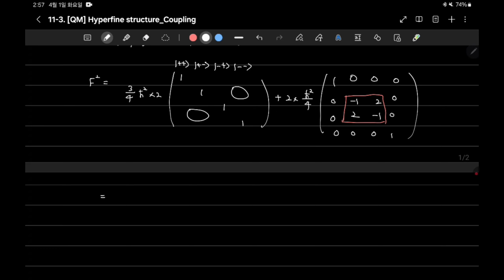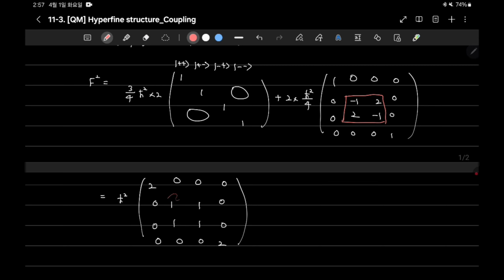Then the addition of these two terms has h bar square times the matrix 2, 1, 1, 1, 1, 2, and 0 for the other terms.